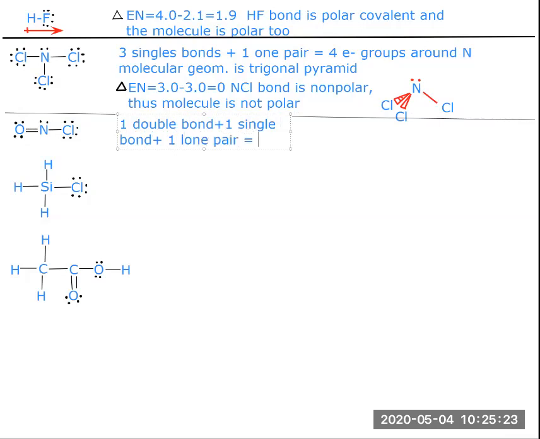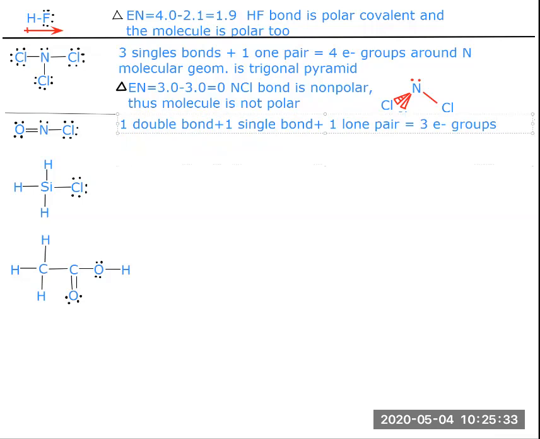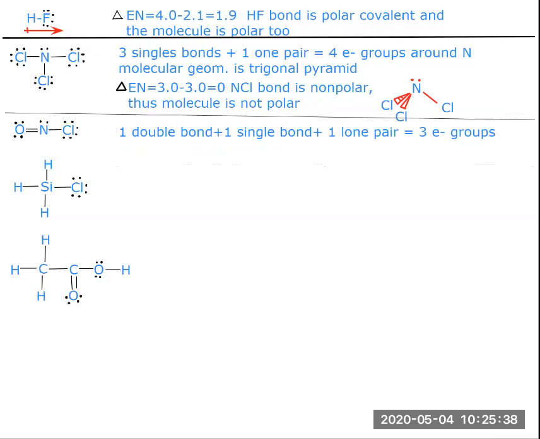So that means we have 3 electron groups. Okay, 3 electron groups around N.